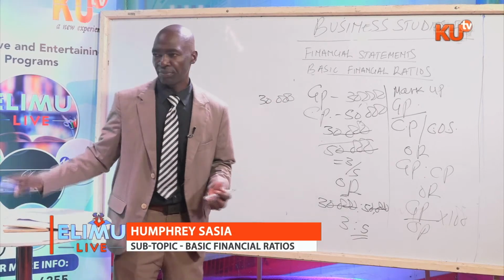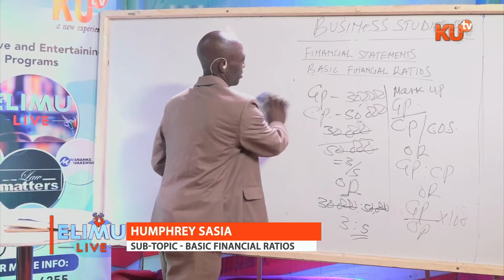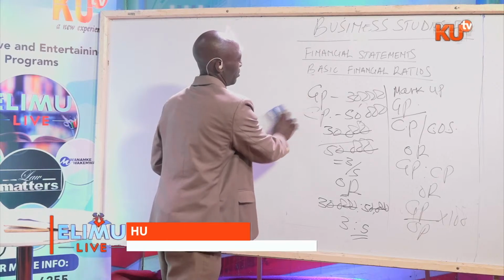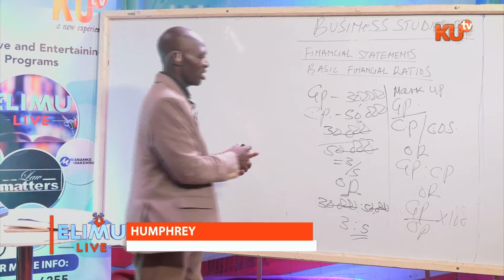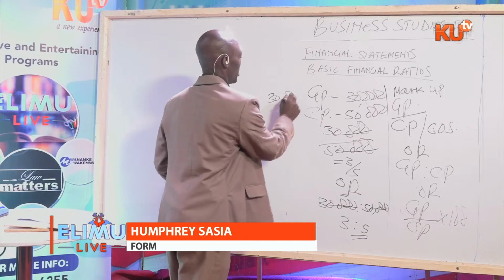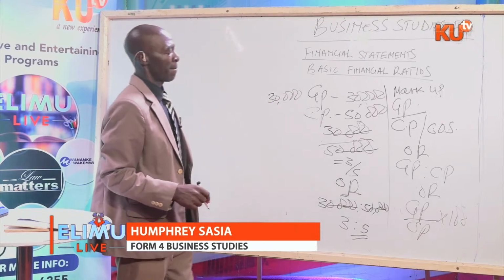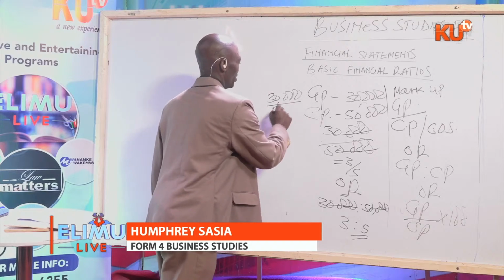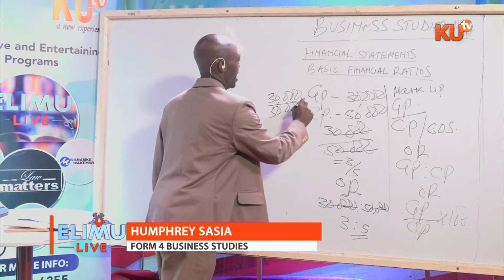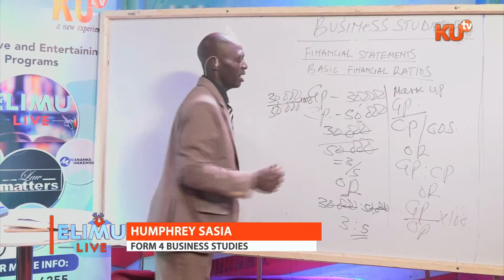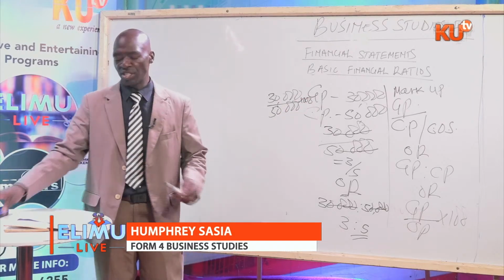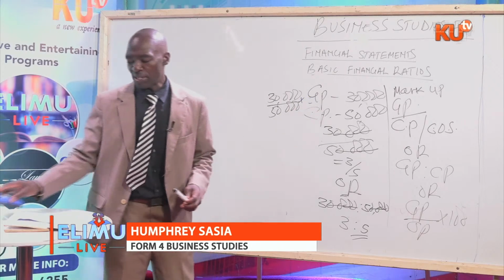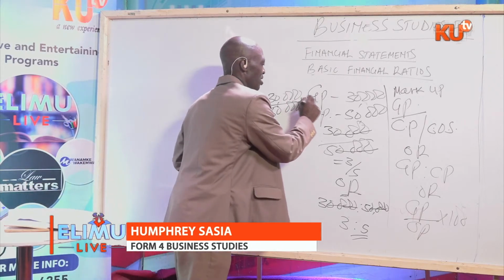Or it can as well be a percentage, whereby we have 30,000 over 50,000 times 100. Remember, at all times the original percentage is 100, so we want to calculate this one as a percentage. So this is 100 times 100.